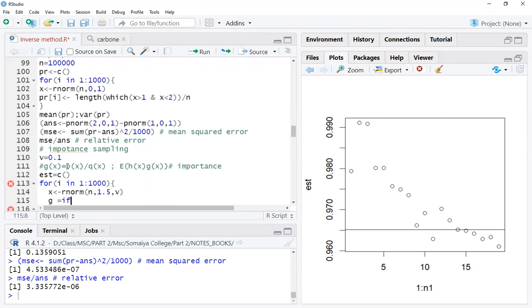Use the ifelse function: if x is greater than 1 and x is less than 2, then it will take dnorm, with parameters x comma 0 comma 1, and here dnorm with parameters x comma 1.5 comma v, else it will be 0.